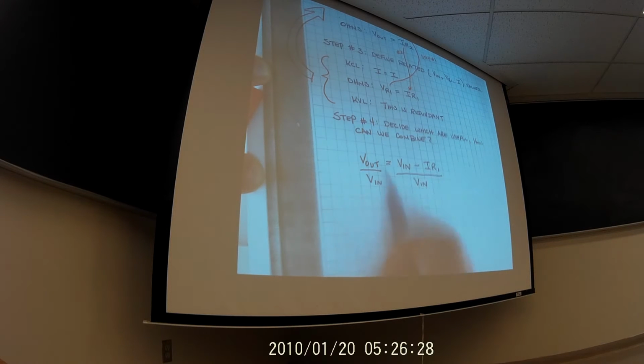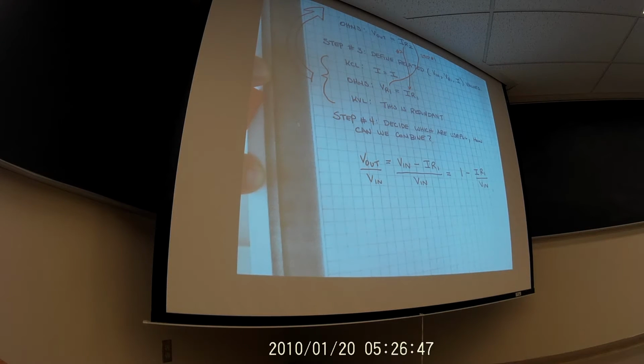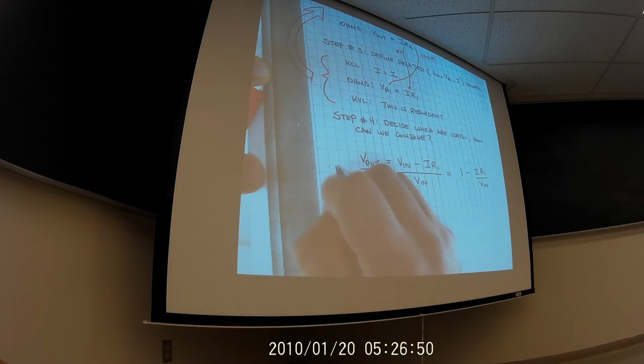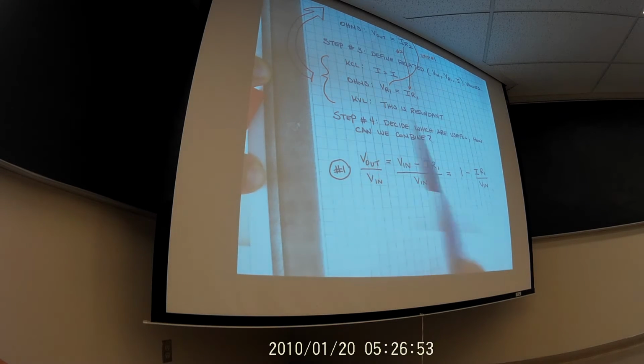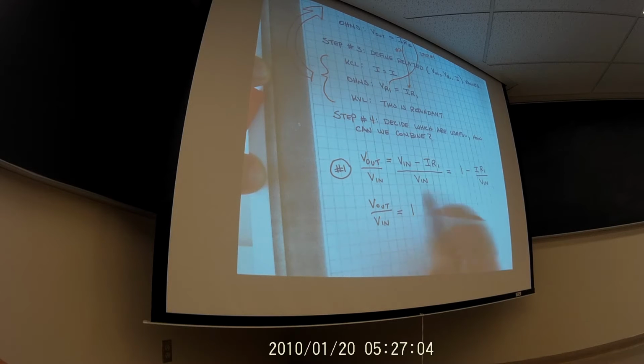So this is our desired final result, and what we'll have is 1 minus I R1 over V. Okay, now let's make our second substitution, which is going to be this into I. So that means we'll have V out over V in equals 1 minus, and what's the exact form we're going to use?